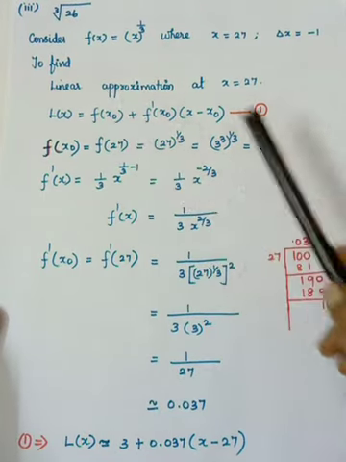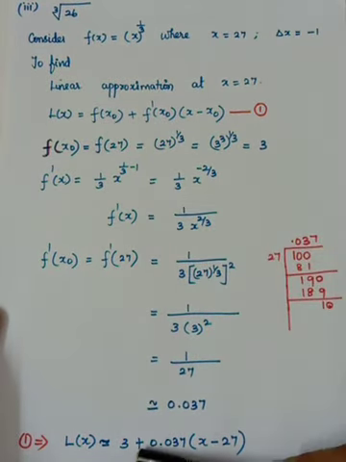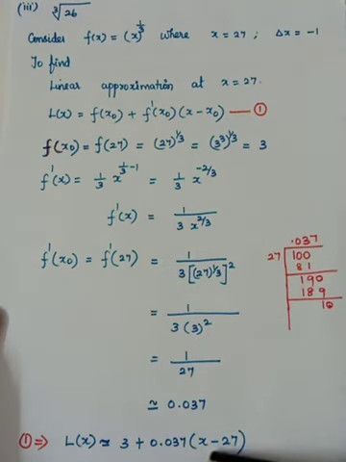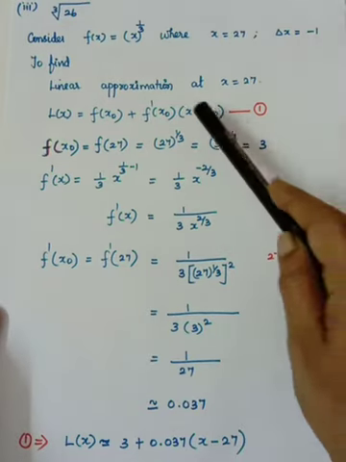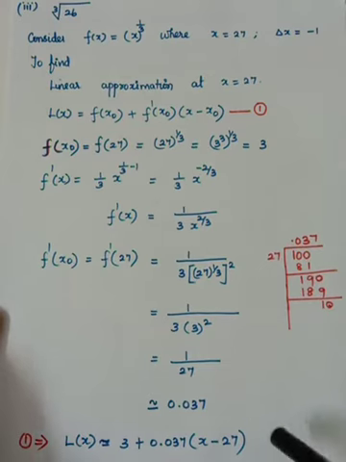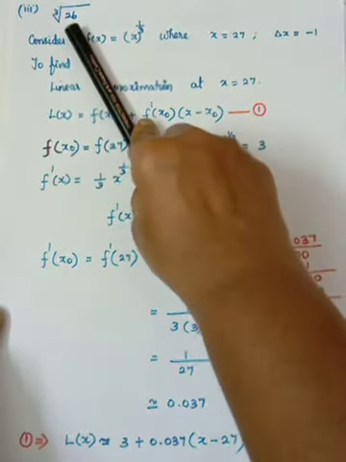What is your f of x naught? That is 3. So 3 plus f dash of x naught, we have found it is 0.037, into x minus 27. Why have you written 27? X minus x naught, and x naught is 27. So we have completed the linear approximation at x is equal to 27. But in your problem what is asked? It is 26.